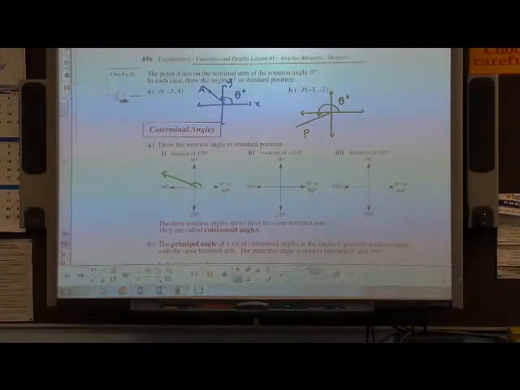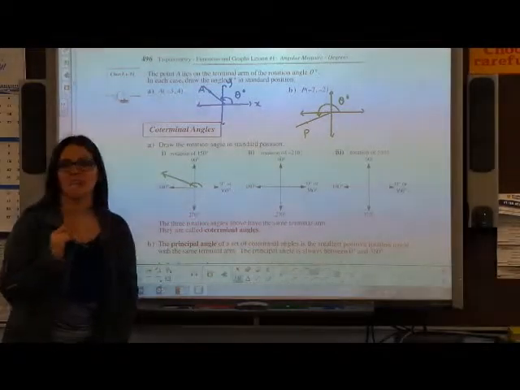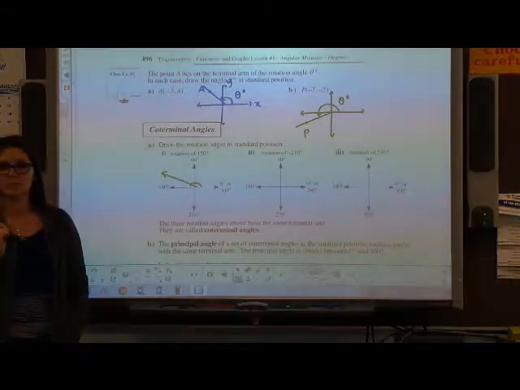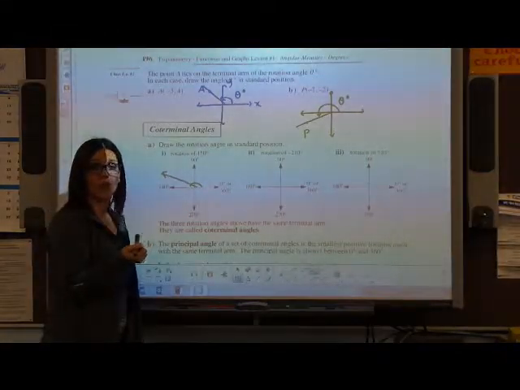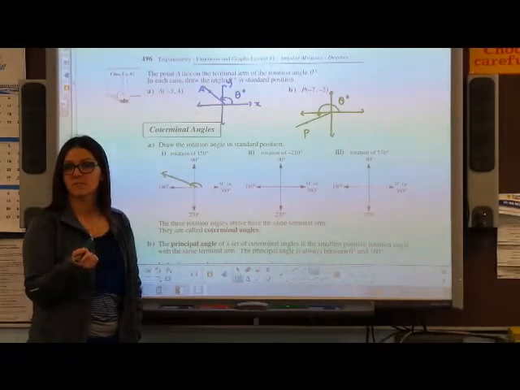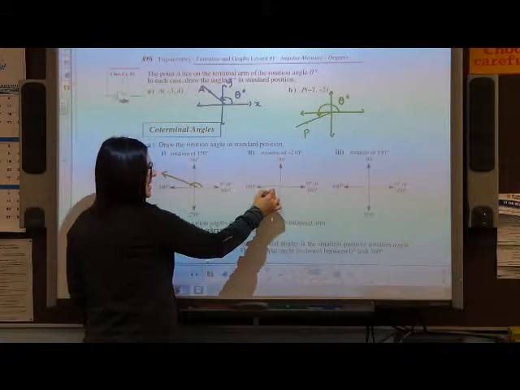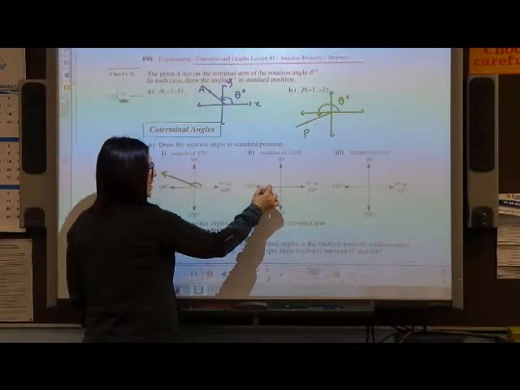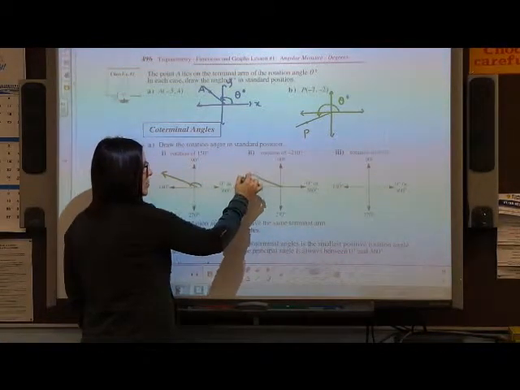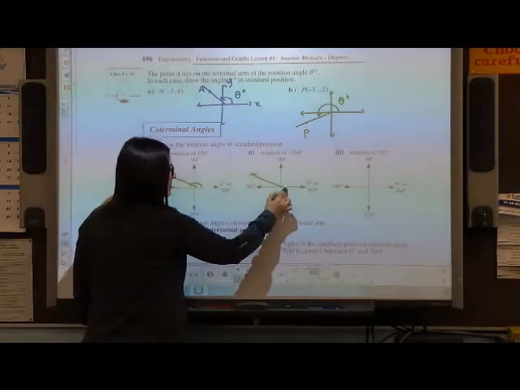If I wanted to draw an angle that was negative 210 degrees, so negative means I go in which direction? Clockwise. So here's my negative 90, negative 180. So negative 210 is again going to put me a little bit over into quadrant 2.